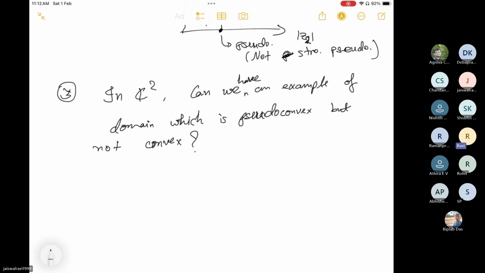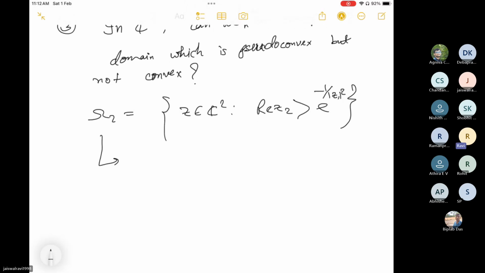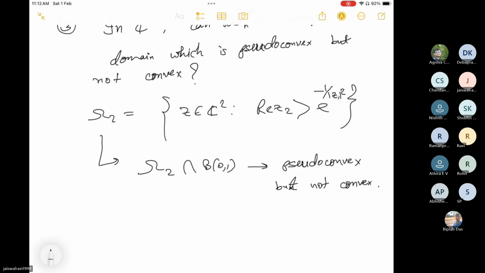If you consider omega 3, say, in C2, the set where the real part of z2 is strictly greater than e to the power minus 1 by |z1| squared, then you can check that omega 3 intersected with a neighborhood of 0 is pseudoconvex but not convex. Here you have to regularize this domain because this is not a C2 domain.